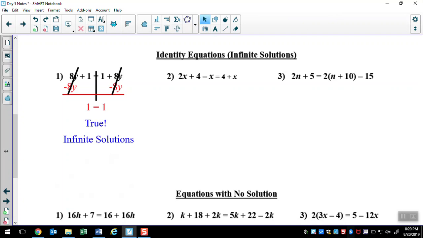So how do we write that in set builder notation? This is one that gets a little weird looking.